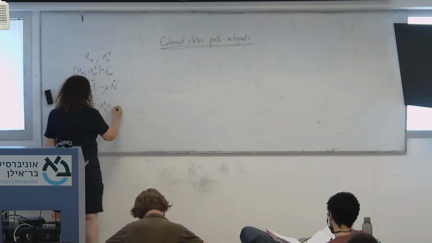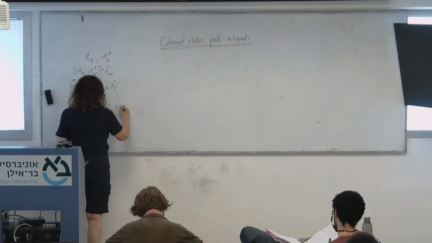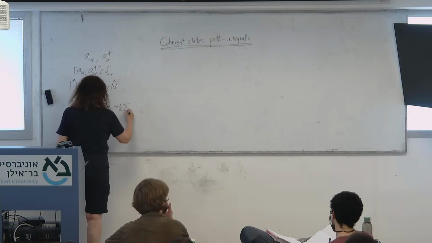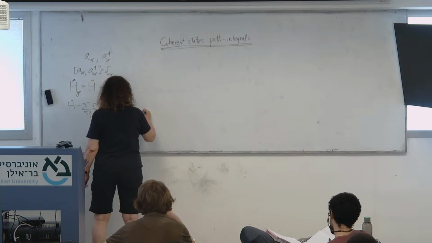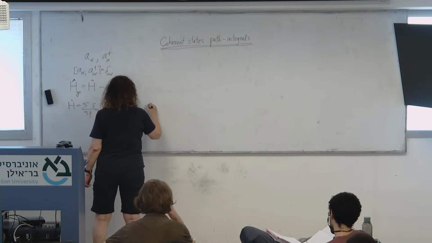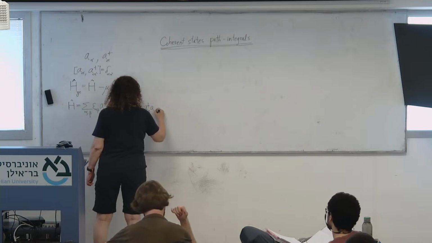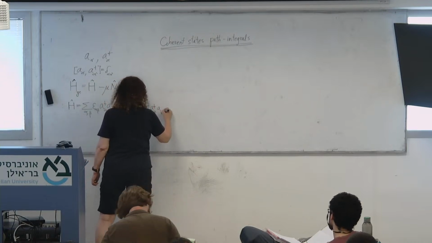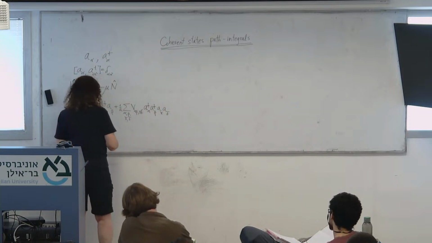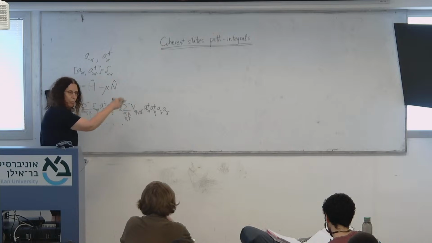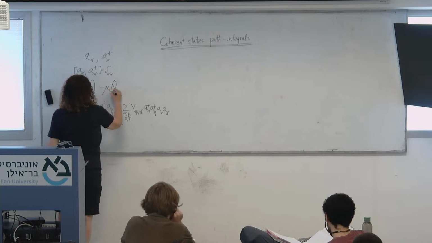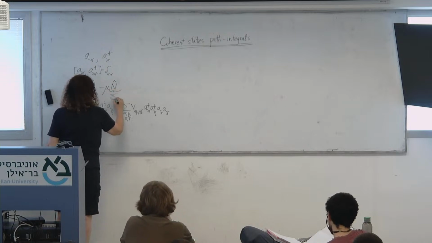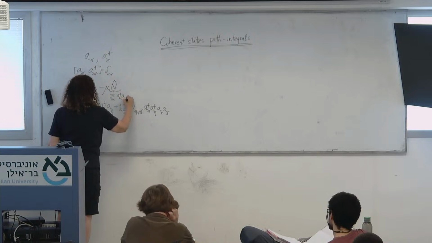This is a single body, and then there is an interaction part that sums over 4 indices: alpha, beta, gamma, delta. Okay, and in principle we can also have the 3-body and higher order terms, doesn't matter. And the number operator is of course just the sum over alpha, A alpha dagger, A alpha.